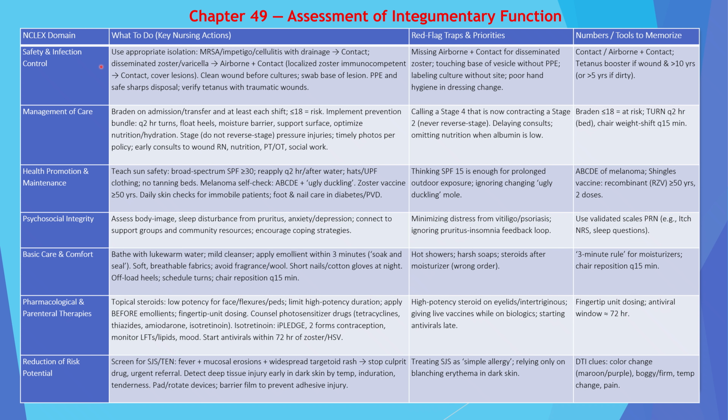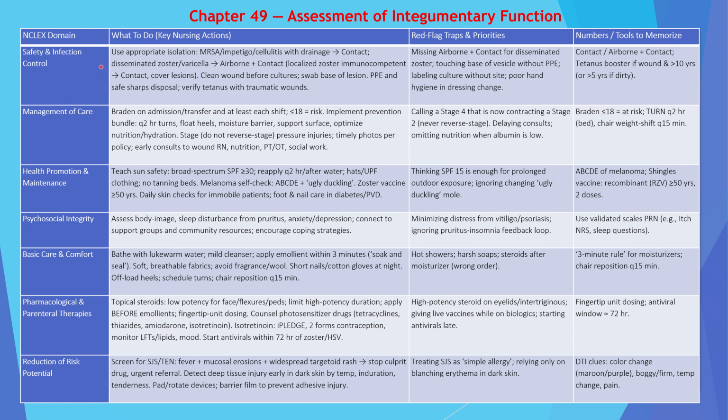Localized zoster in an immunocompetent patient, contact, and cover the lesions. Clean the wound before culture, swab the base of the lesion, use PPE, and dispose of sharps safely. Verify tetanus in traumatic wounds.